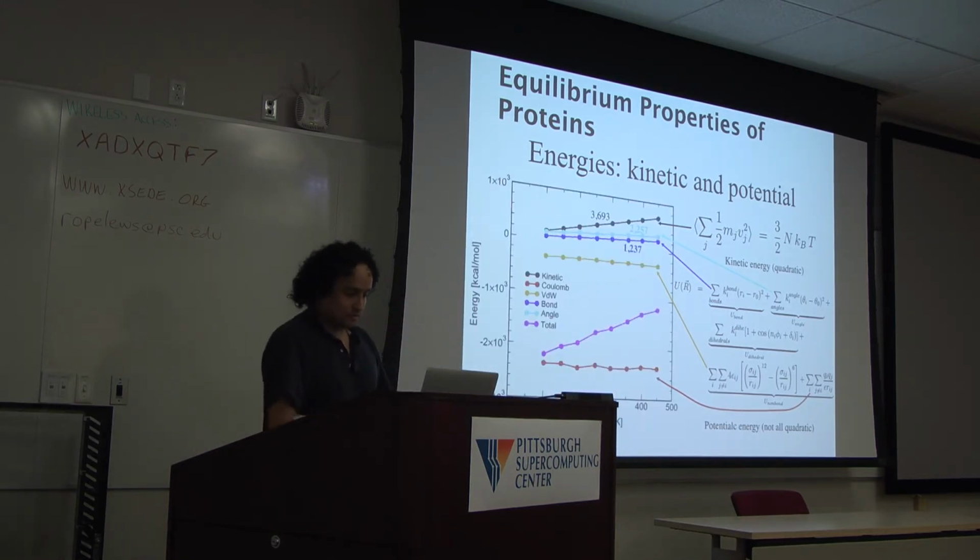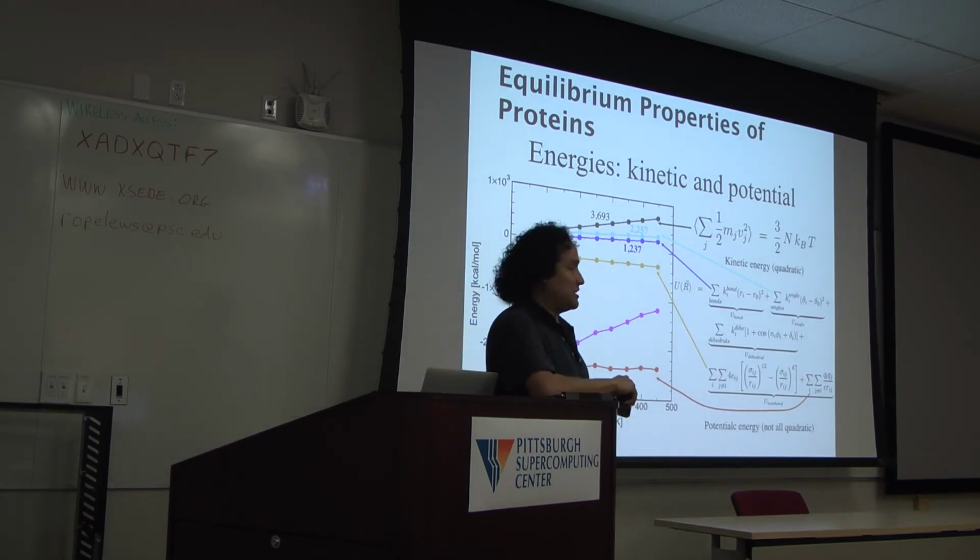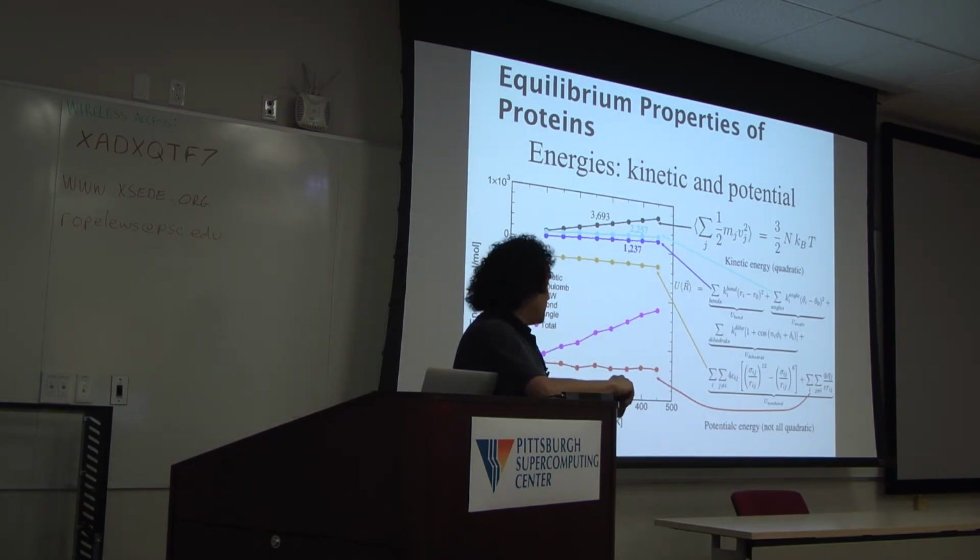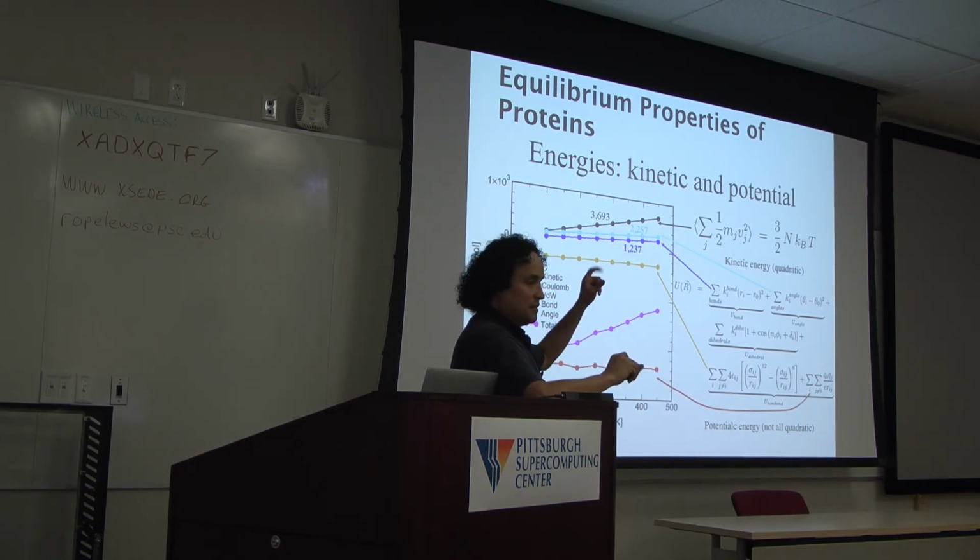Just for curiosity, if you want to see how the energy varies with temperature, as you correctly predicted, the kinetic energy plotted in black here scales linearly with the temperature, right? So do the bonded energies, the bond length, and the angle terms.